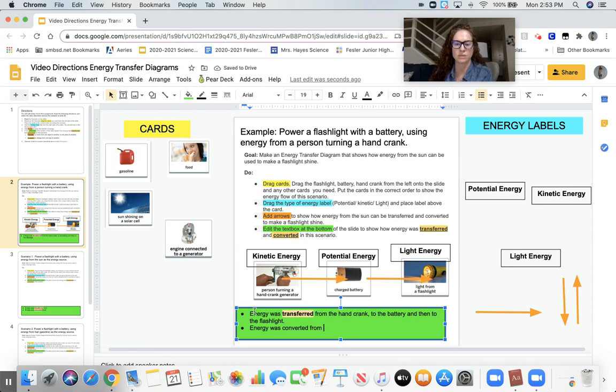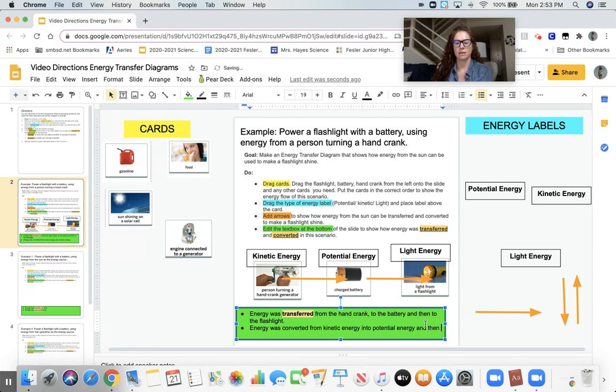from, okay, so for transferred, I described what's in the cards. That's showing me what's transferred. Converted is showing me the type of energy. So I'm going to look at my labels above the card. So it was converted from kinetic energy into potential energy. That was what the battery was, right?